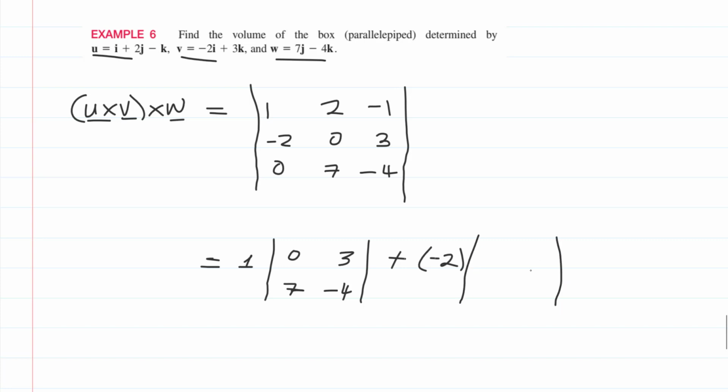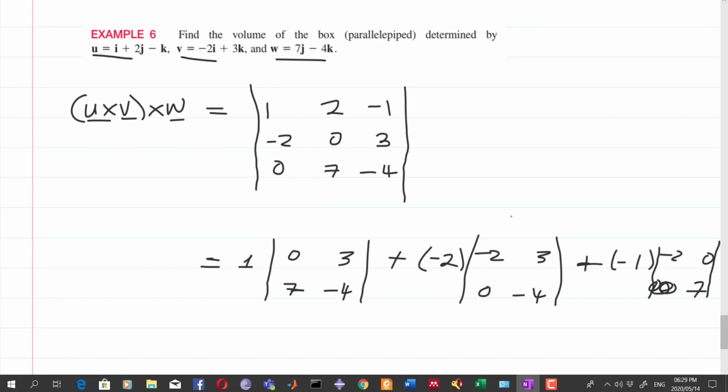So we cancel that, and we remain with -2, 3, 0, and -4. Then the third entry itself is -1, so it is still -1. Then we cancel that, so we remain with -2, 0, 0, 7. So that's what we have there. Okay, we can continue.